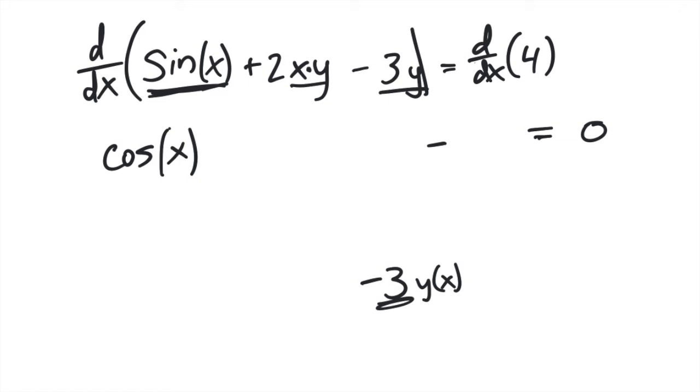That's a constant multiple, or constant multiplier, and then you can take the derivative of y, but remember it's dy over dx. It's not just, oh, there's a y, treat it like an x, you just get an answer of 1. No, you don't. You get a dy dx, and you get something different on top and bottom, so you got to leave that in there. So you get minus 3 dy dx for that last piece.